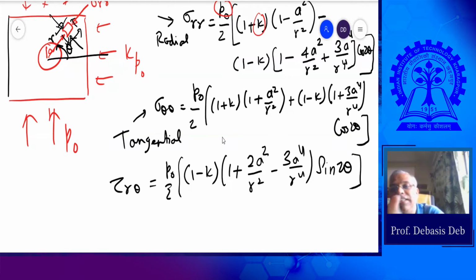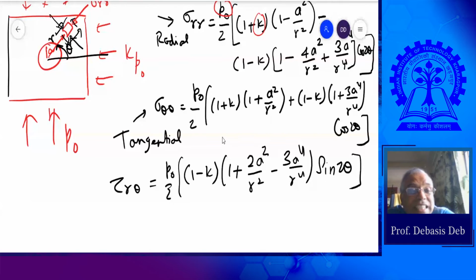Because you can see it is related to r to the power 4. So what it tells us is that with a little movement of r, if you go away from that hole, the stress will change very drastically, not linearly.